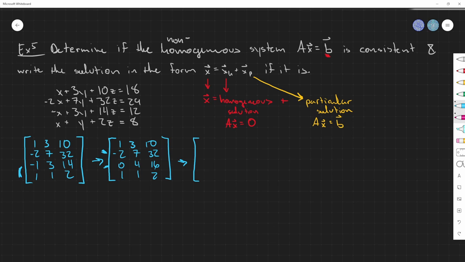And so I'm going to 0 out this -2 using the first row. So it'll be 1, 3, 10, and then this would be 0, and this would be, I'll multiply by 2, so it'll be 6 plus 7 is 13, and this would be 20 plus 32 is 52, and then we'll have 0, 1, 4, 1, 1, 2.